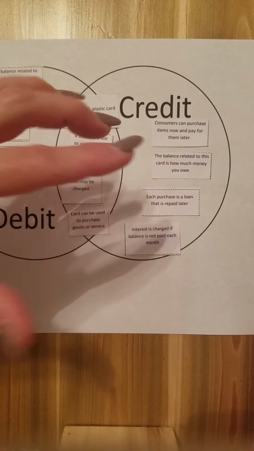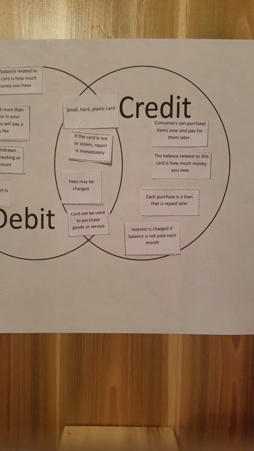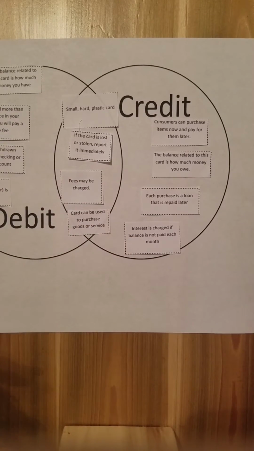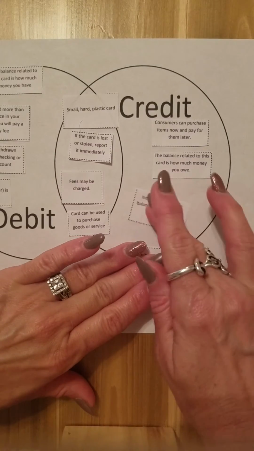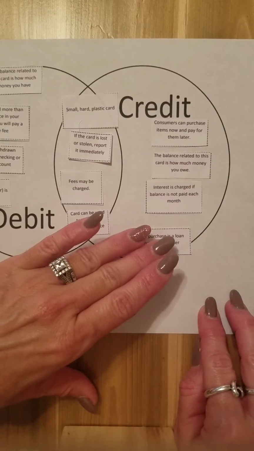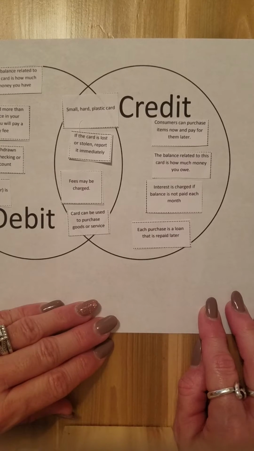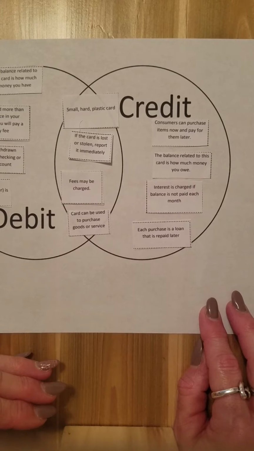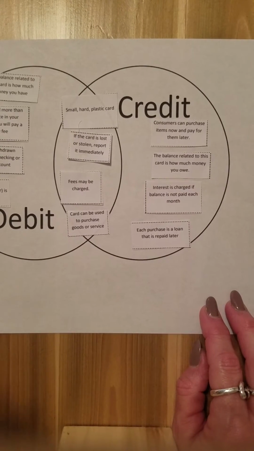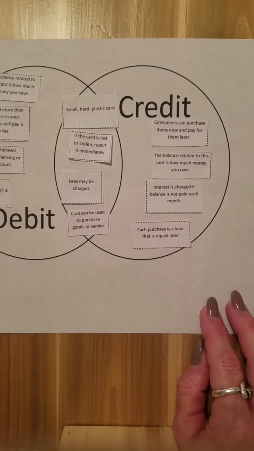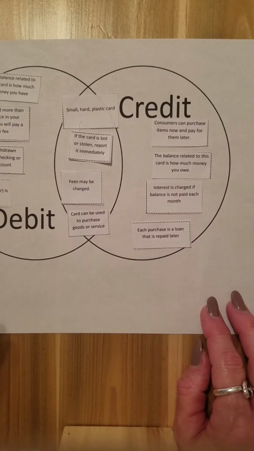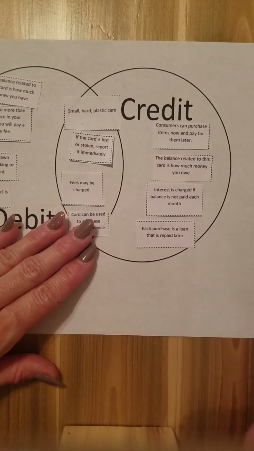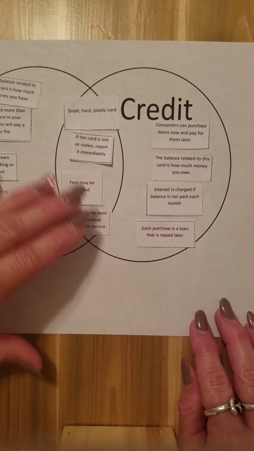And if you make a $100 payment, then you owe $400, but you also have to pay interest on that amount, okay, which is this one right here. Interest is charged if what you owe is not paid each month. So if you get a bill and you charge $500 and you don't pay that $500 that month, that's okay. You can do that, but they're going to charge you a fee for not paying it off immediately, okay? And each purchase is a loan that is repaid later.